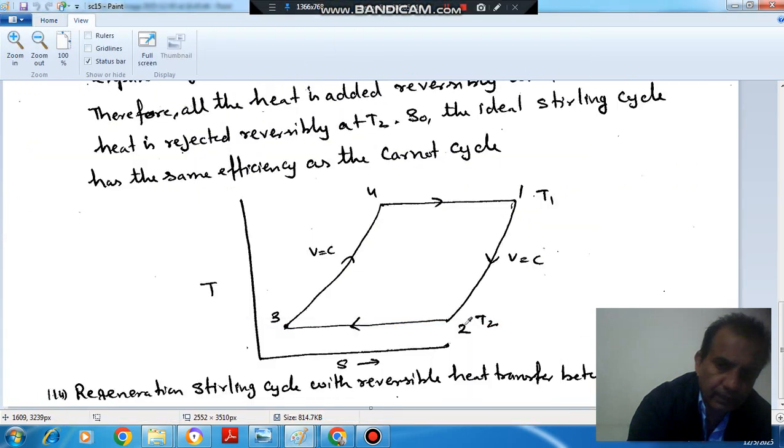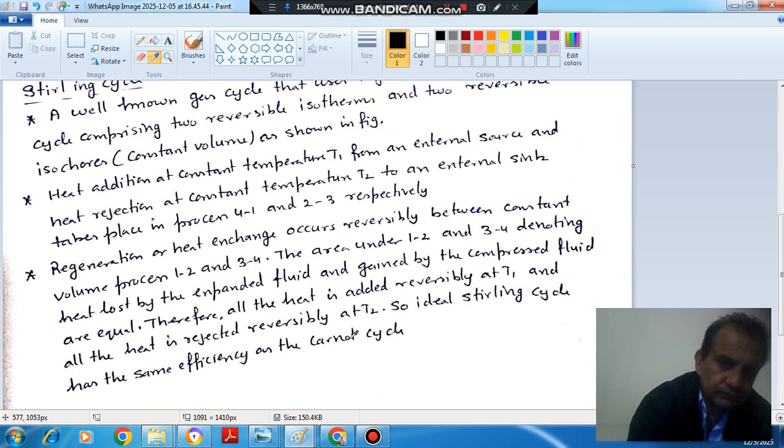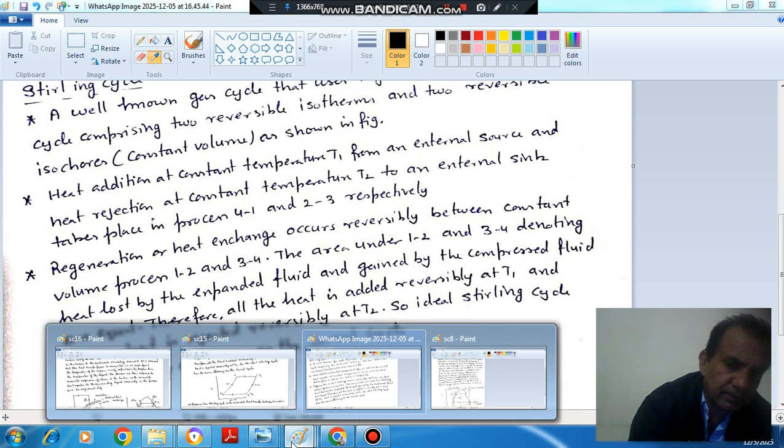If we take the area under this line, that will give the heat rejection, and if we take this area, that will give the heat addition. So this heat rejection is used in supplying heat here. Therefore, all the heat is added reversibly at T1 and all the heat is rejected reversibly at T2. So the ideal Stirling cycle would have the same efficiency as a Carnot cycle.